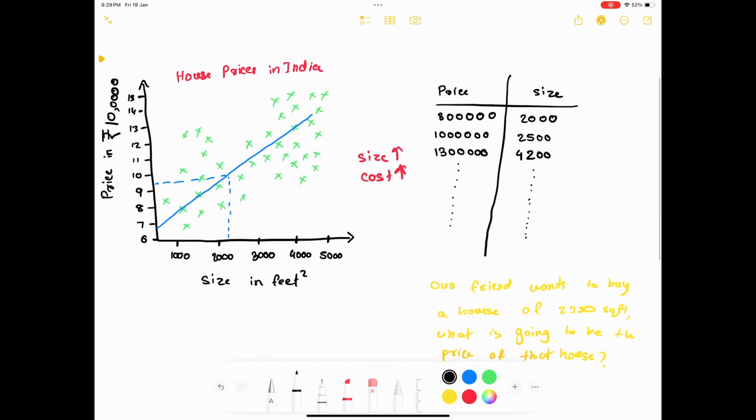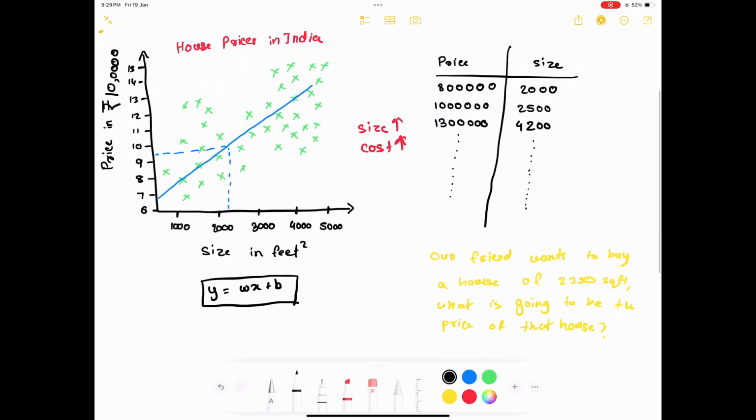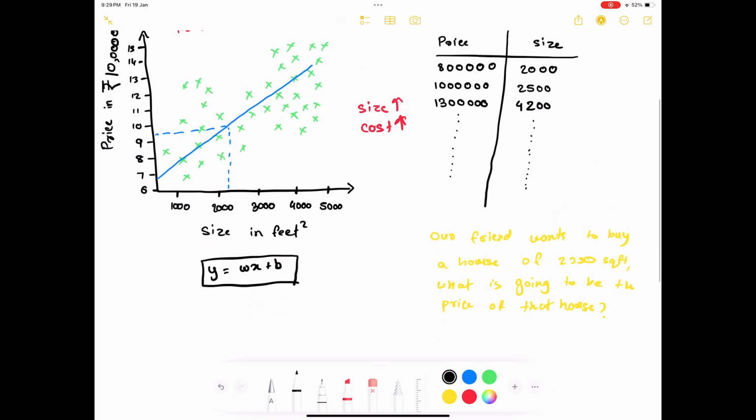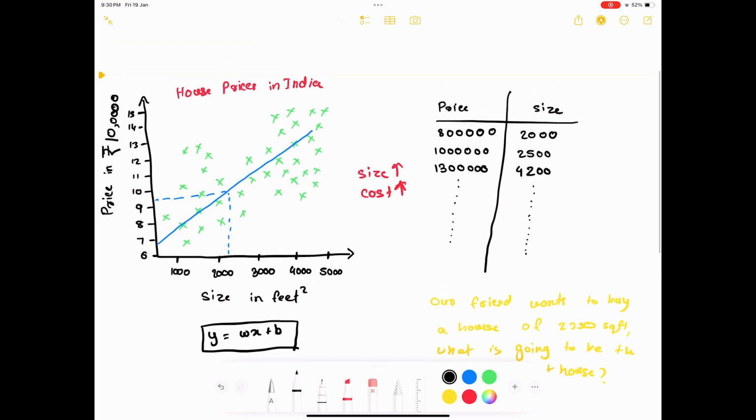We took this data that we already have and we created this line, and the mathematical equation for this line is y equals wx plus b, and this is the form that all linear regression models take. So how does this work? How are we able to fit this line?